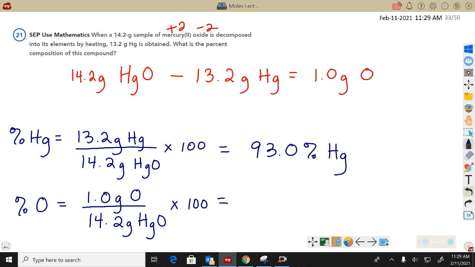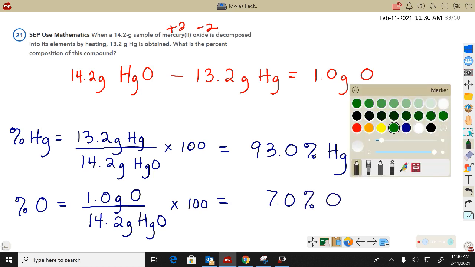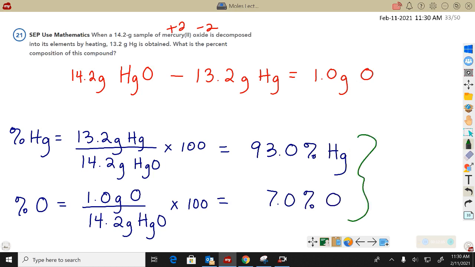If I leave this as 2 or 3 digits, it's like 7.04, which obviously I rounded the first one a little bit. Let's say 7.0% oxygen, because I know I did it right if these two add up to 100%.